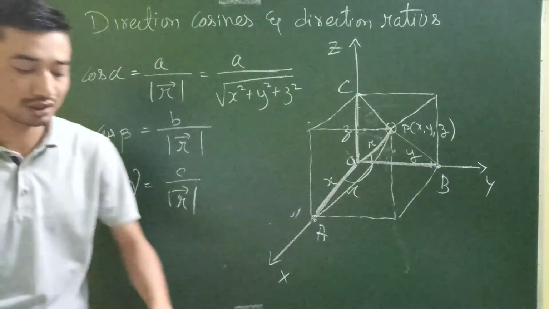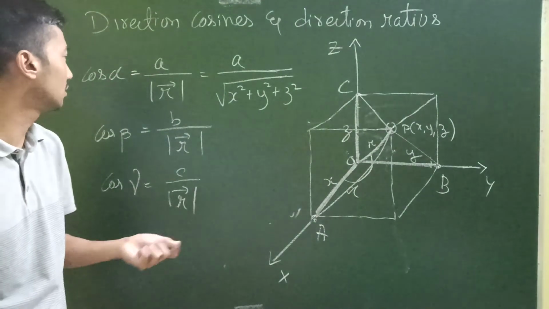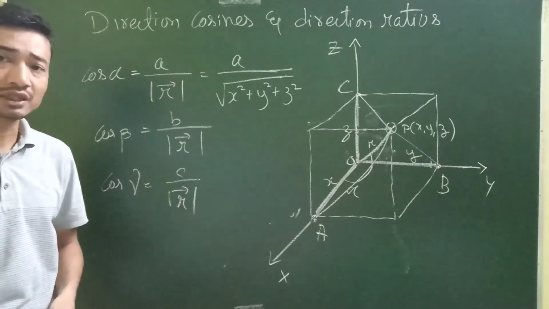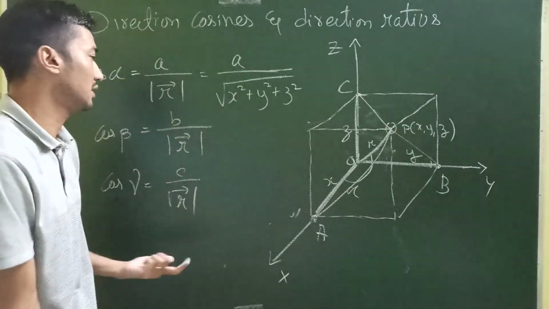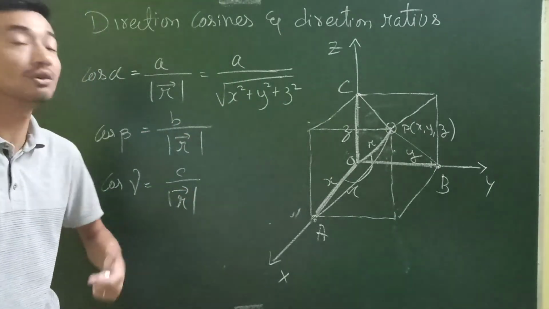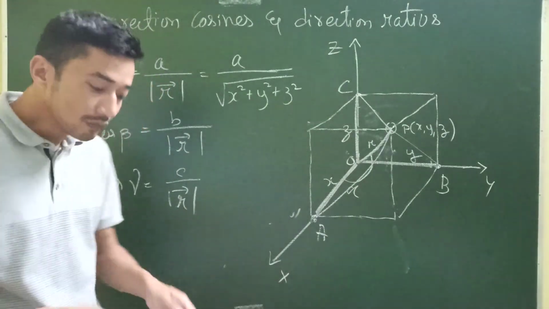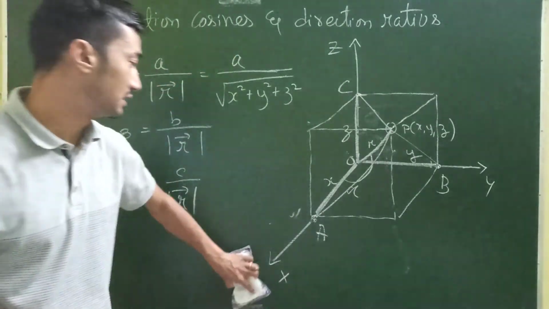Some of you may be thinking, Anish, just now you told us cos alpha is x by r, and now you have just changed to a, b, c, what are you doing? No, it's not like that. I'll tell you more about that.